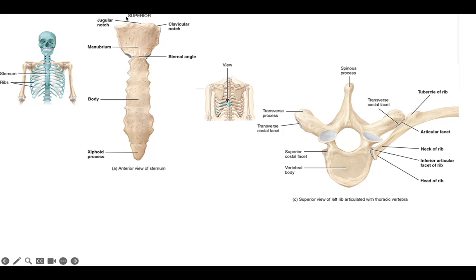At the very top of the manubrium, we have some notches. On the sides of the notch, we have these clavicular notches, and the clavicular notches are going to allow for the clavicle, which is like your, what do we call that bone colloquially?